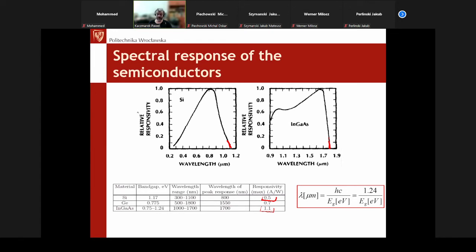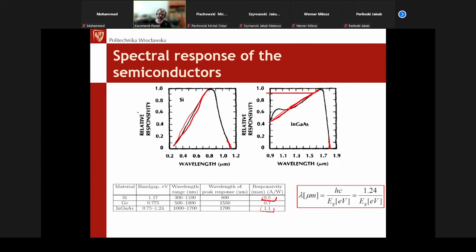And the rule is that the spectral responsivity is highly dependent on the wavelength. You can see for silicon, and the same for the indium gallium arsenide photodetector, the sensitivity depends on the wavelength and increases with the wavelength.